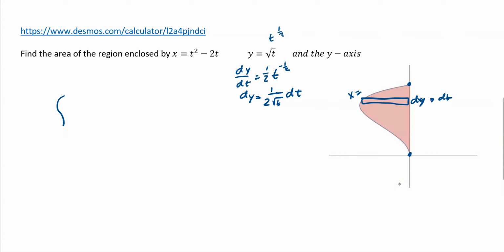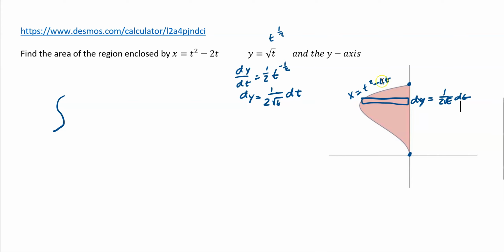So it would be the integral of our area. So our x, which equals t squared minus 2t, would be this one times the dy. But dy is now equal to 1/2 root t dt.